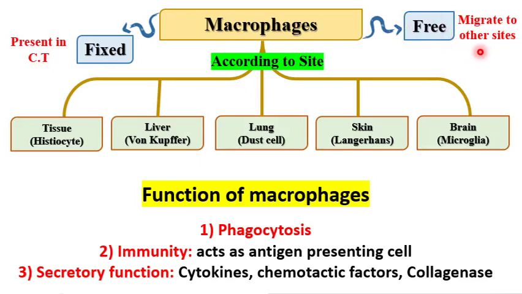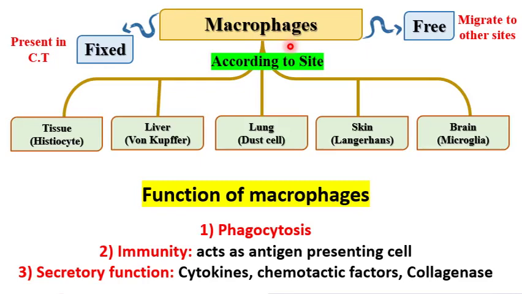So if the macrophage is present only in connective tissue and doesn't migrate or move to another tissue, it is called a fixed cell. But if it migrates to another tissue, it is called a free macrophage. Okay, the macrophage cell has many names.